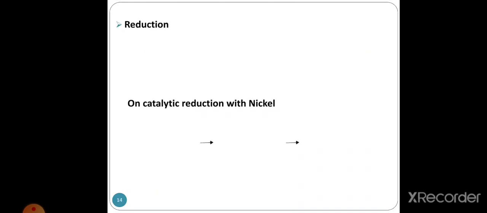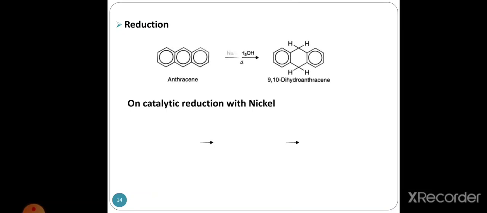Next, reduction reaction. Anthracene undergoes reduction with sodium and ethyl alcohol to form 9,10-dihydroanthracene.